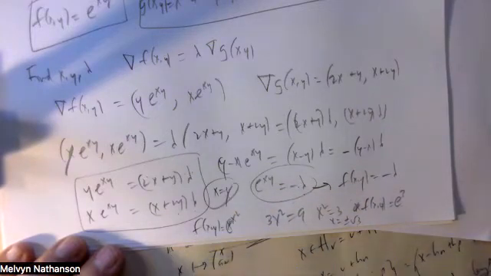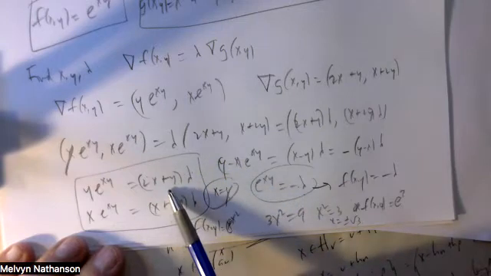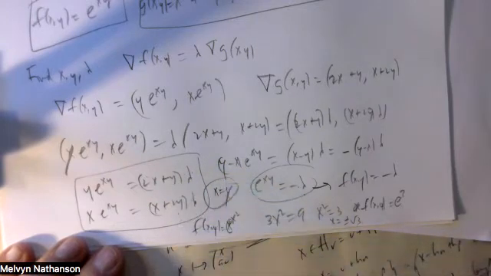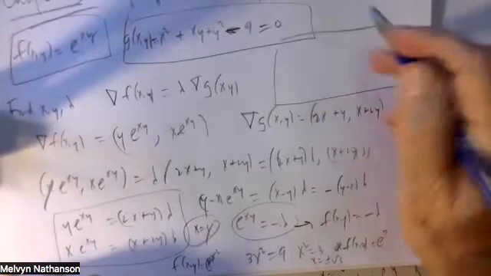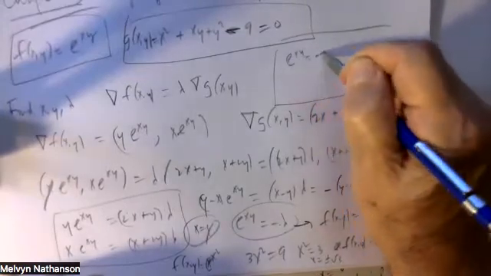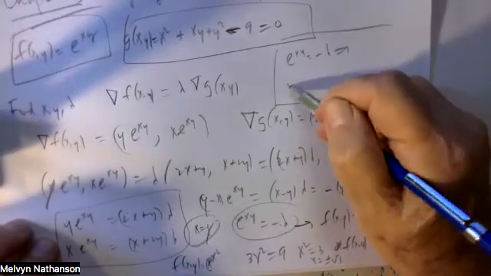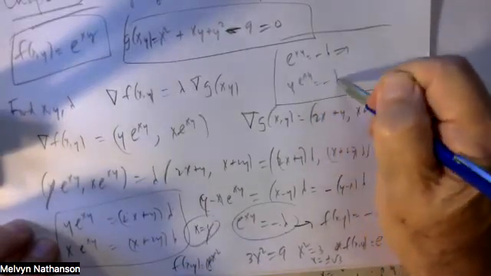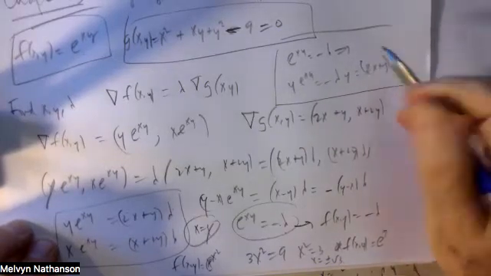What can we say about lambda? If e to the xy equals minus lambda, then y e to the xy, which is minus lambda y, is (2x plus y) times lambda.